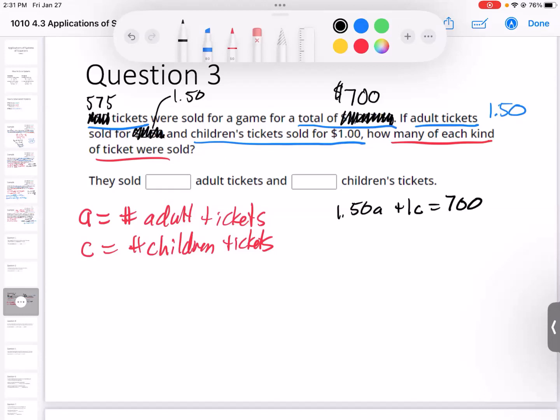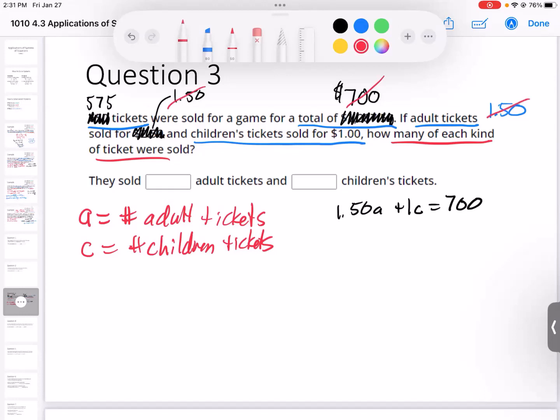Because essentially what you're doing there is making a money equation, right? Your total amount of money is 700. The amount of money you make from children's tickets will be $1 times the number of children. The amount of money you'll make from adults is $1.50 times the number of adults. Okay, great. So if you want to, you can even cross off the ones that you used.